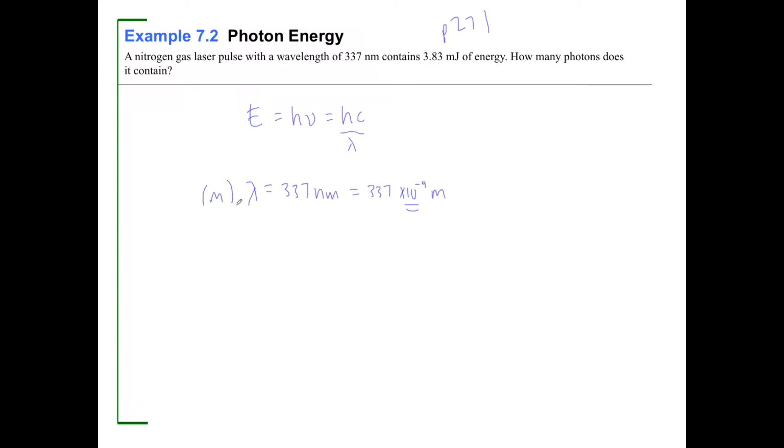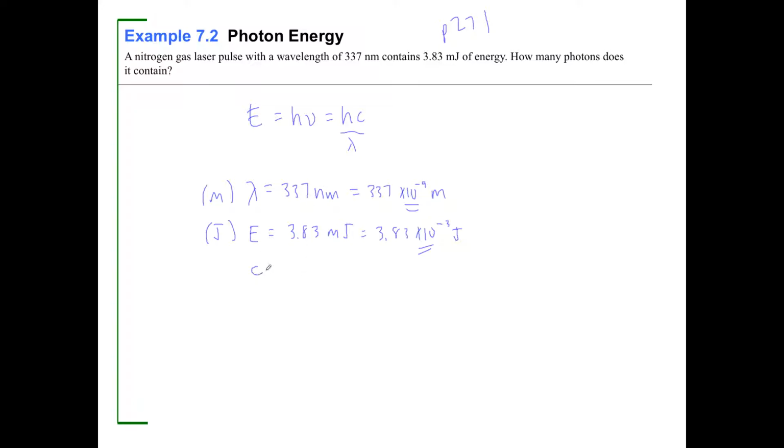And the energy is equal to 3.83 millijoules. Let's write this in joules. And I'm going to rewrite this. Watch this. 3.83 millijoules. You've done those conversions before, but I want to put this in meters and in joules, so I don't have to do any weird conversions later.